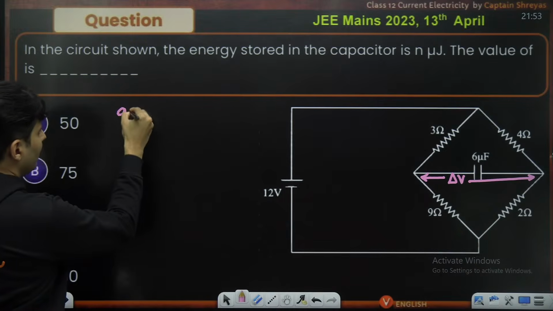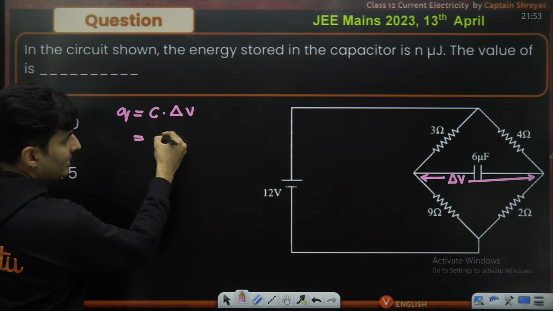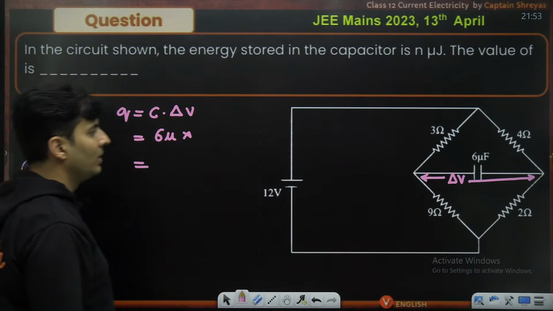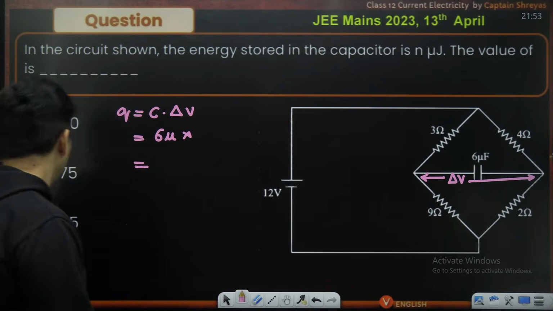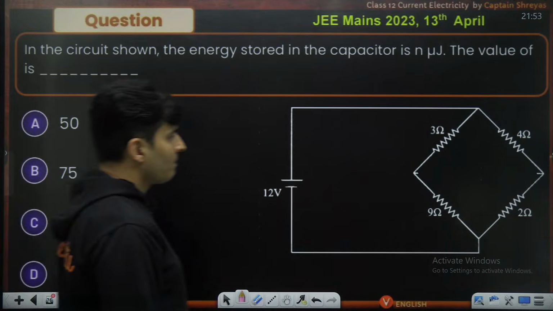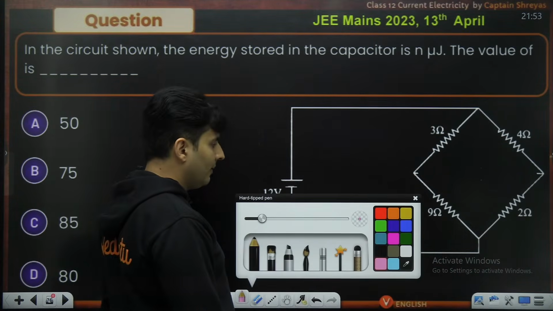Again, the same concept. Q is equal to capacitance multiplied by voltage difference. Capacitance is 6 micro. So if I can just figure out how much is the voltage difference between this point and this point, not so straightforward. I'll have to play around with this circuit a lot. How much is the voltage at this point? How do I know? Okay, I have an idea.